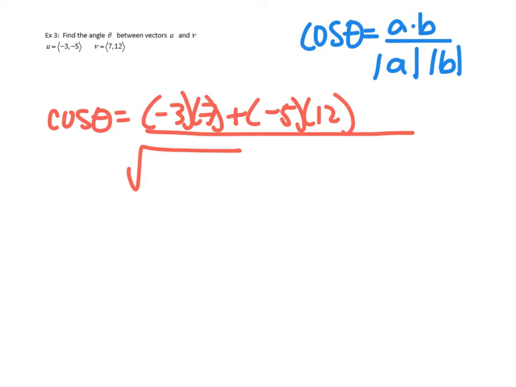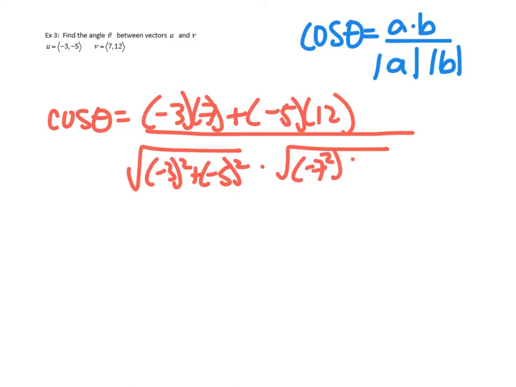It means magnitude. Sometimes you'll see two lines written there. The square root of negative 3 squared plus negative 5 squared, times the square root of 7 squared plus 12 squared. Oops, it's not negative 7 squared, it's positive 7 squared. Let's go back and fix that.